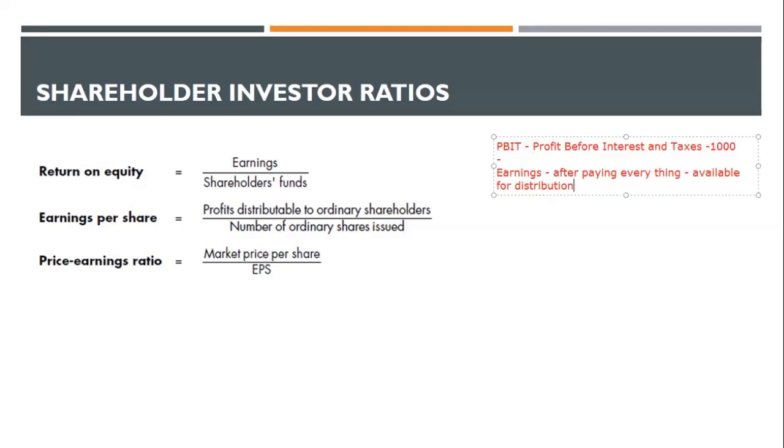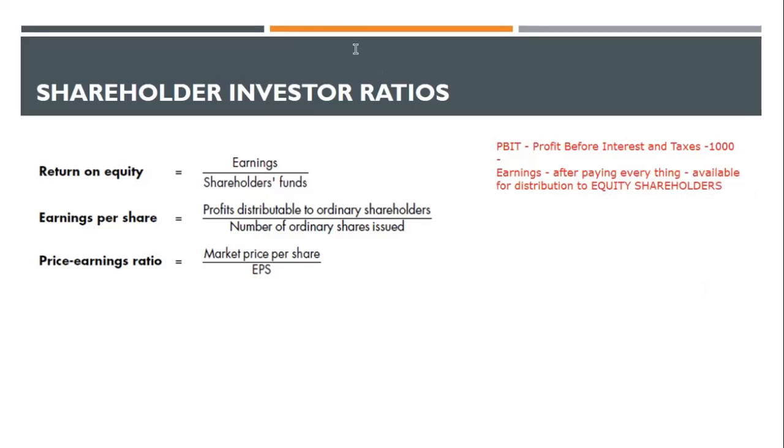Earnings means something pure. We have given out interest, we have given out taxes, we have given away the preference dividends as well. And this is for distribution to equity shareholders. I'm putting it in bold because preference shareholders I have already settled with. This is only for the equity shareholders.